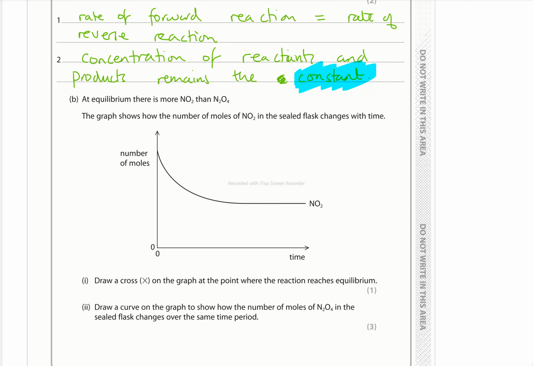Where has the equilibrium been reached? We can see there. So when it levels off here, it's about straight. So the number of moles is decreasing, and then it stays constant. So even though you've got 2 on one side and 1 on the other, it levels out. It was getting smaller because these 2 were turning into 1, and eventually it evens out.